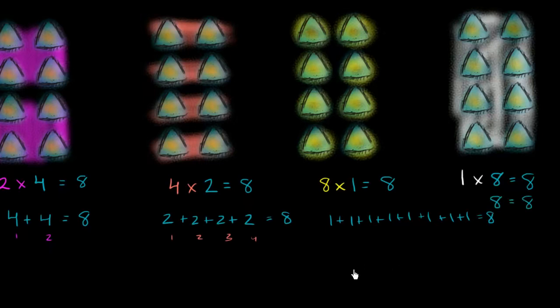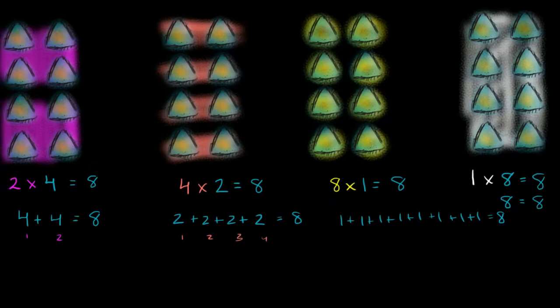So now let me ask you another question. So far we've been focused on each of these groups, but what if we actually viewed this as 4 groups of 8? Then how many things are we actually going to have? So let me make this very clear.